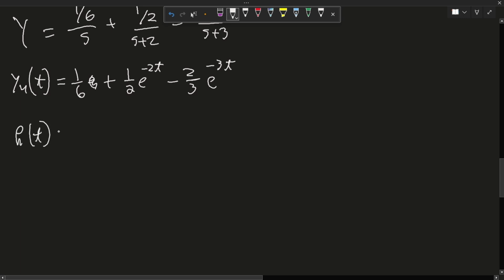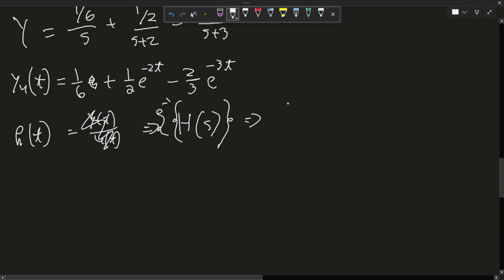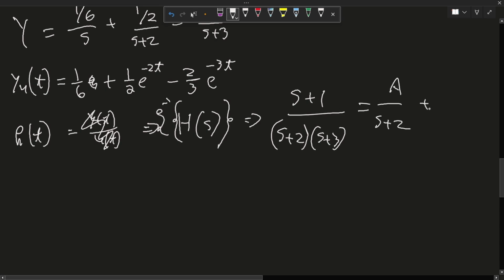This is your impulse response, okay? You can't just do y of t divided by u of t. It doesn't work that way. The only way to find this is by finding h of s and then doing the inverse Laplace transform of that. So you have to do the inverse Laplace transform of all this. Again, we have to do partial fractions. I'm just going to skip this because I don't want the video to be too long.